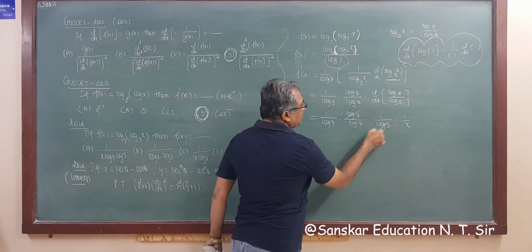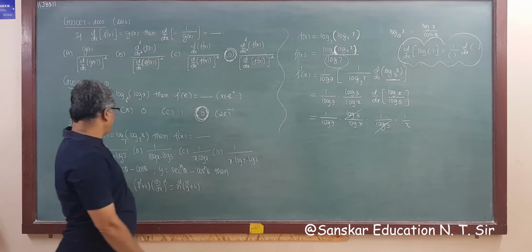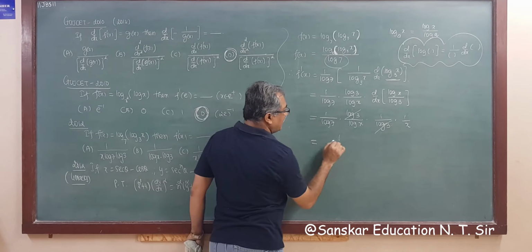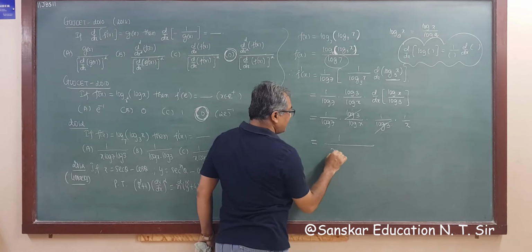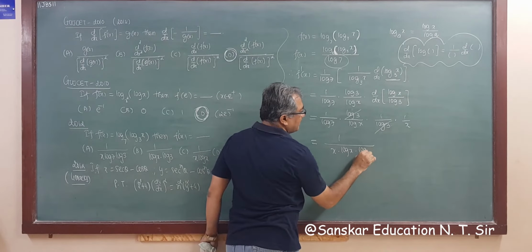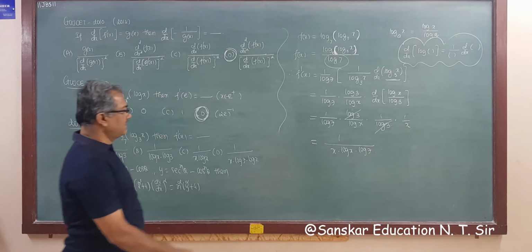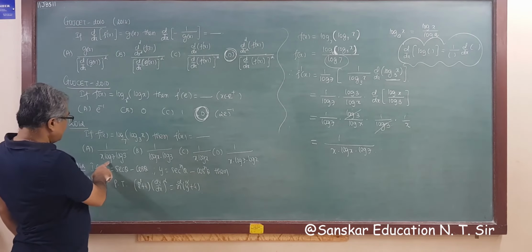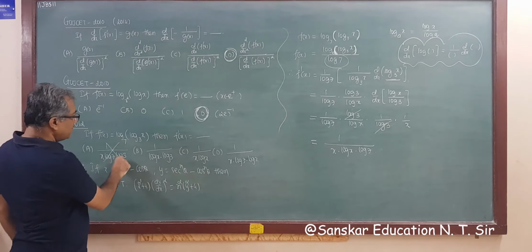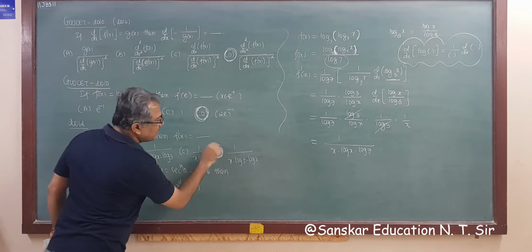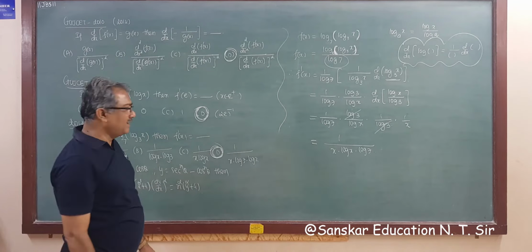Now this log 3 will be cut. So your answer will be 1 upon, I am writing x first, then log x, and then log 7. This is your answer. So which option is appropriate? x log 7 is log 3? No, this is not. This is D. Option D is your correct answer, right?